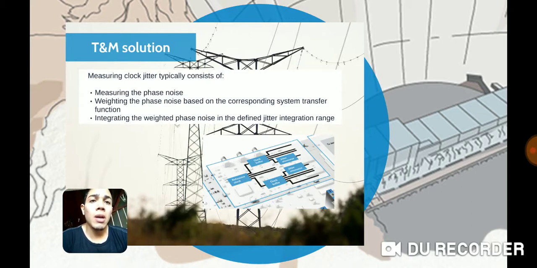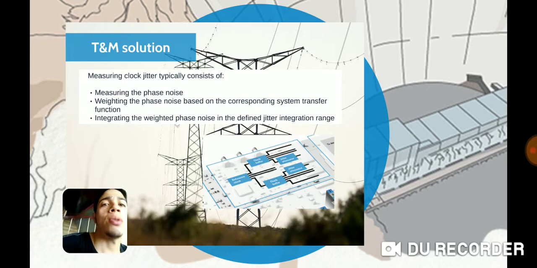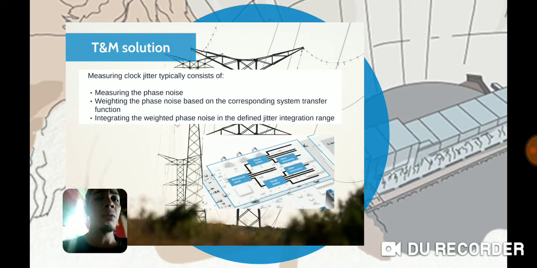Measuring clock jitter typically consists of measuring the phase noise, with the phase noise visit and the current and system transforming fusion, integrating the phase noise in the defined integration range.